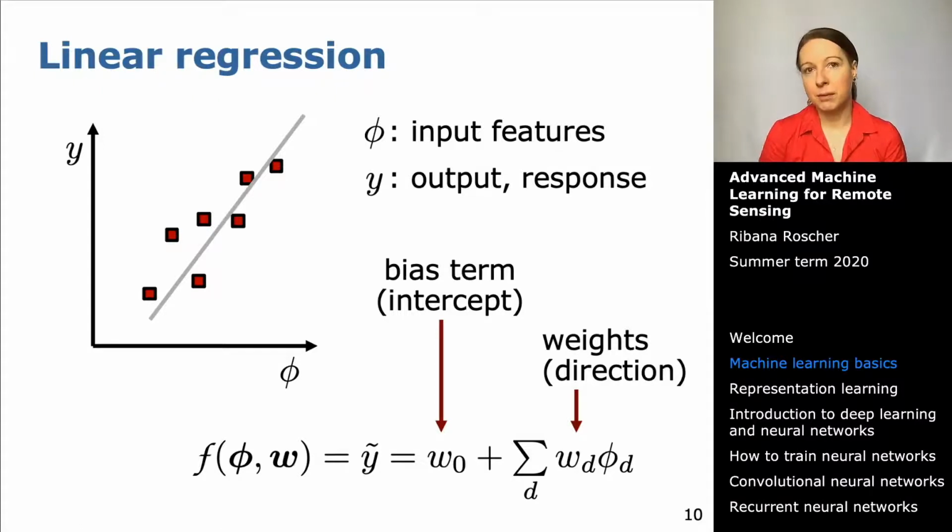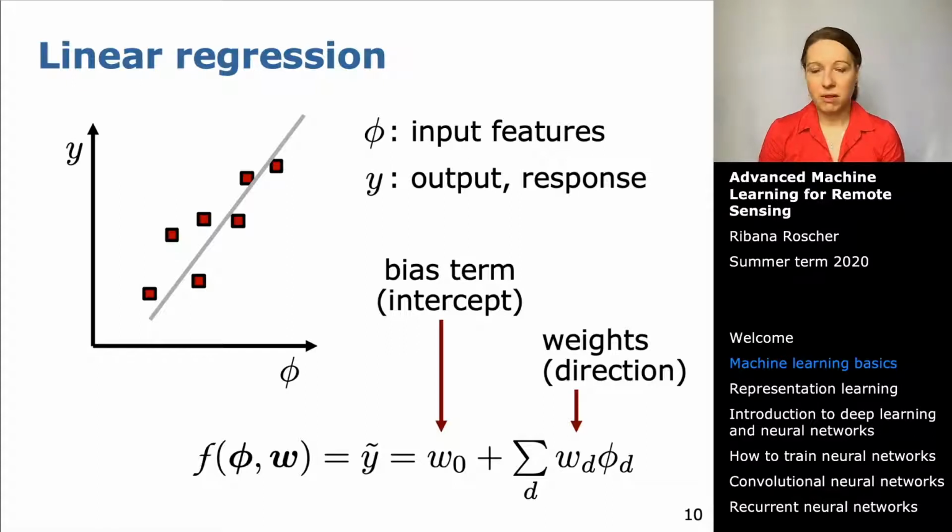These parameters w contain a bias term and the weights. The bias term is the intercept with the y-axis, and the weights w_d indicate the direction of the regression line. And d is the number of dimensions. In our case, it's one-dimensional.